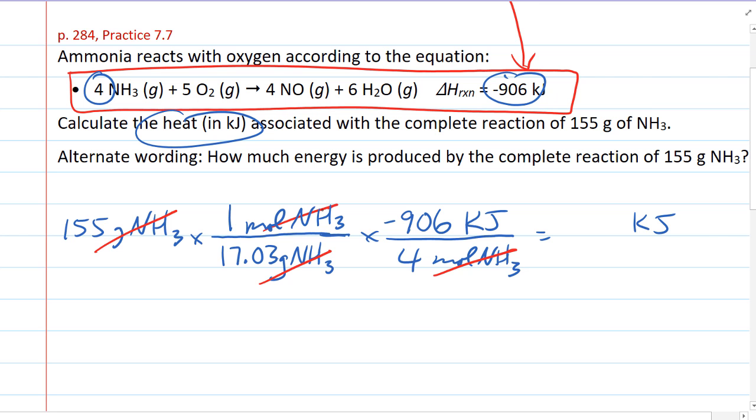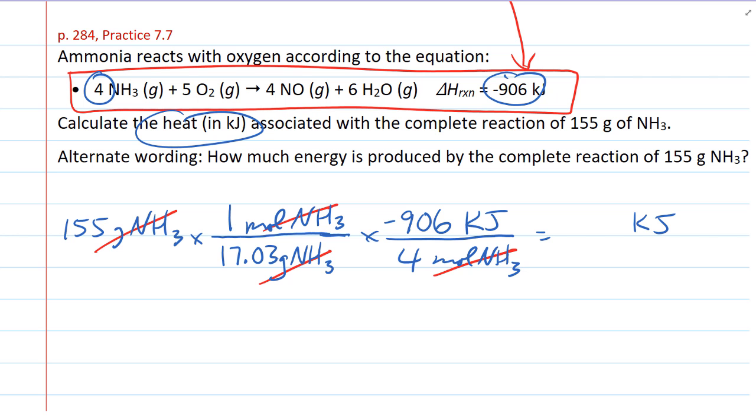We go ahead and do this math. We'll take 155, divide it by 17.03, multiply by negative 906, and divide this by 4.